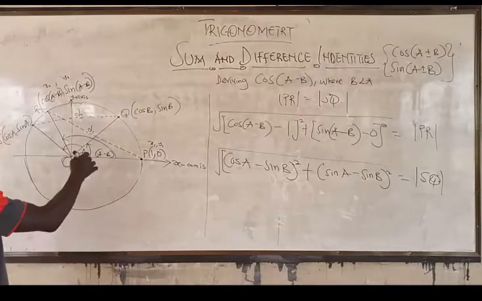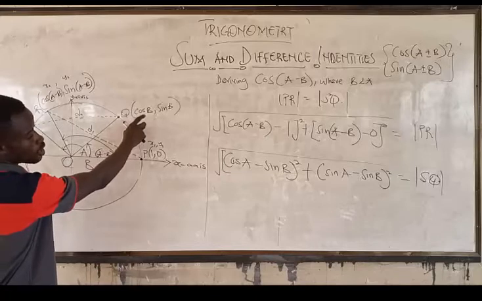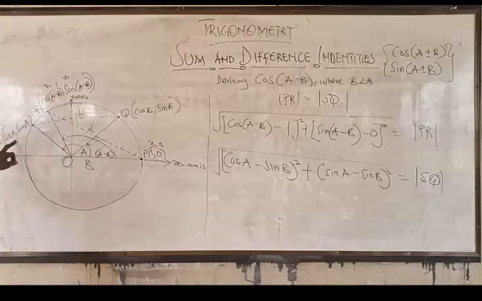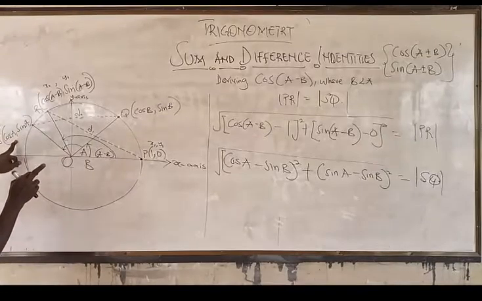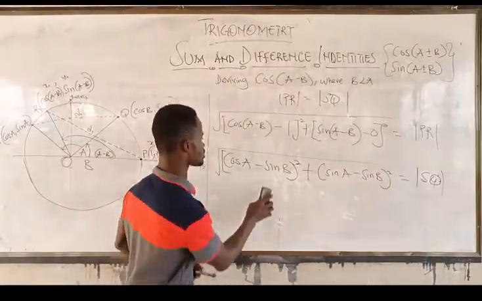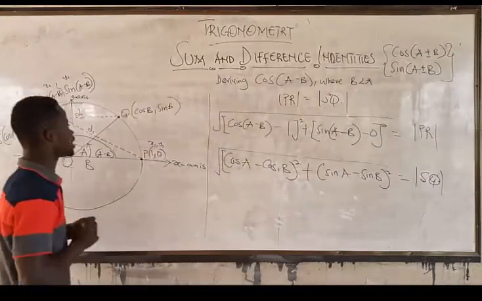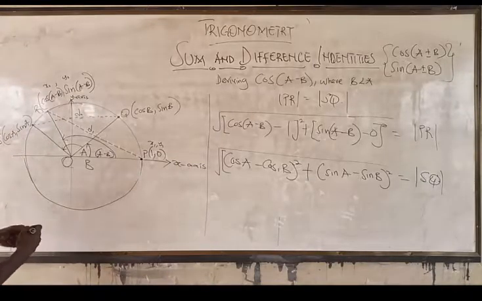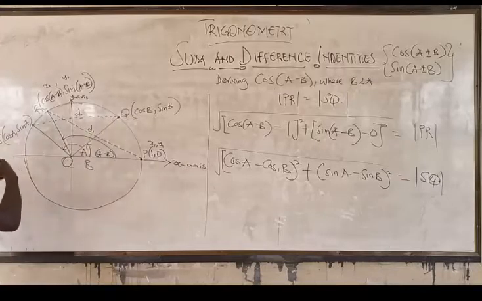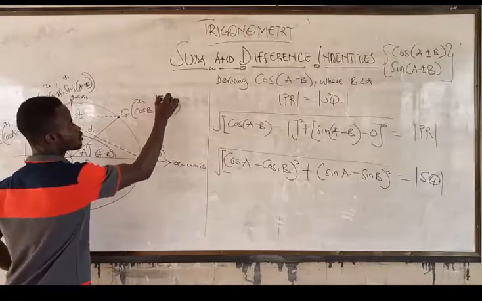So we have cos A minus cos B. It's supposed to be cos A minus cos B, because that is the change in X. So cos A minus cos B. So this one is X1, Y1, and this one is X2, Y2.